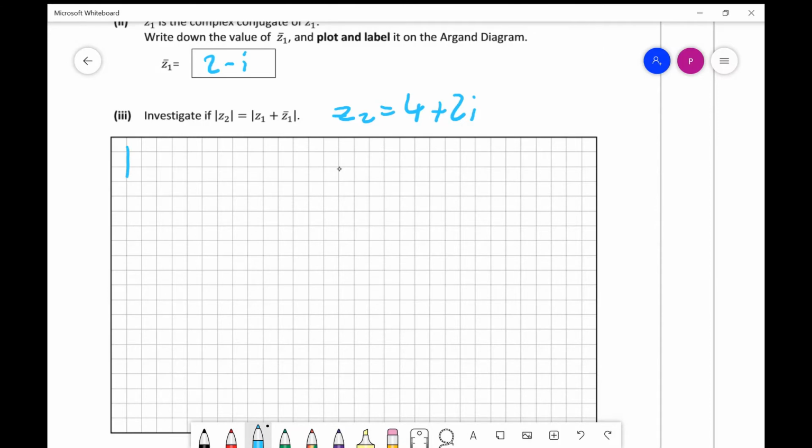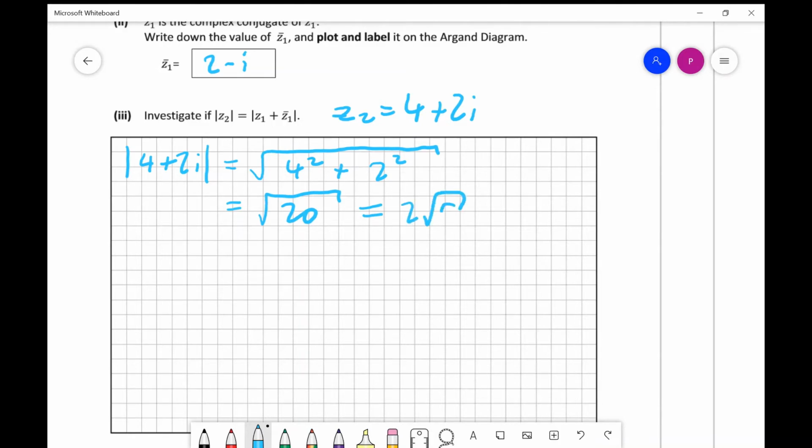So the absolute value of 4 plus 2i is the square root of the real bit squared plus the coefficient of the imaginary part squared, which comes out as the square root of 20, which when we put that into our calculator comes out as 2 root 5. Okay, so this is the modulus of Z2 that we have just found.